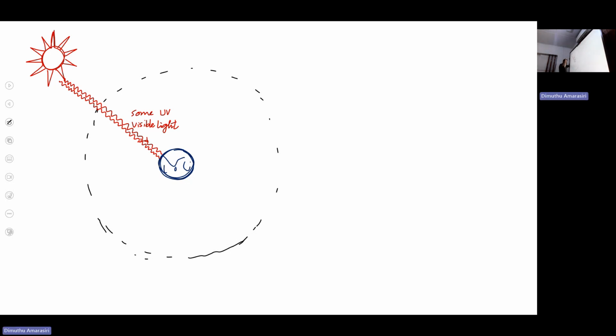But when they strike on the Earth's surface, they become slightly less in frequency and energy. They become IR. Now, unlike visible light, IR doesn't have the power to what? Go back to space easily. Yeah, not easily.